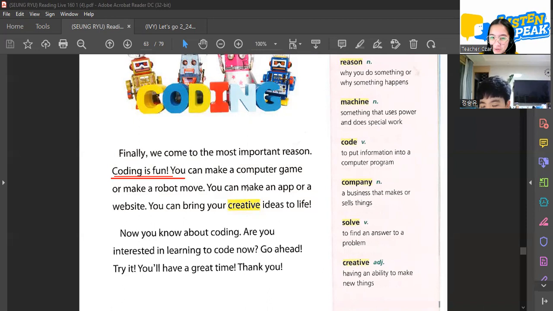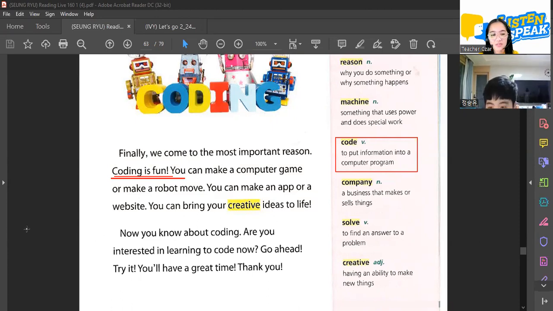Now, do you have any more questions here? No. So once again, on this topic, we have the word code. So what is code, Songrio? You put important information into a computer program. Okay, so that is the computer program that can create a computer game using the code.